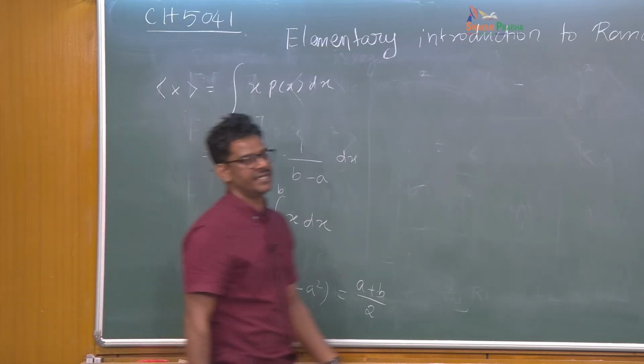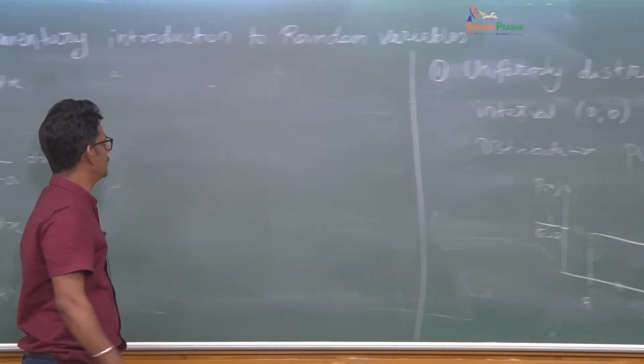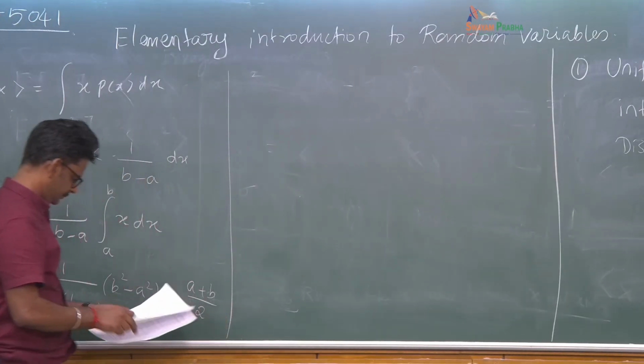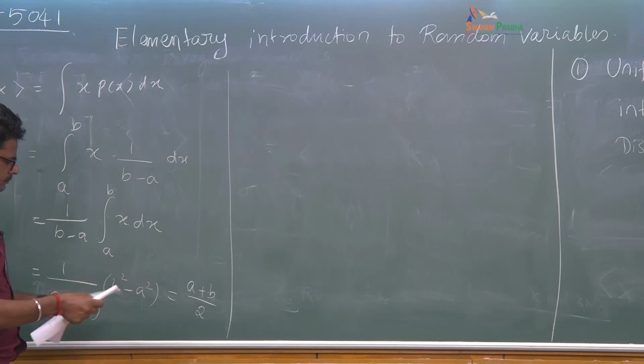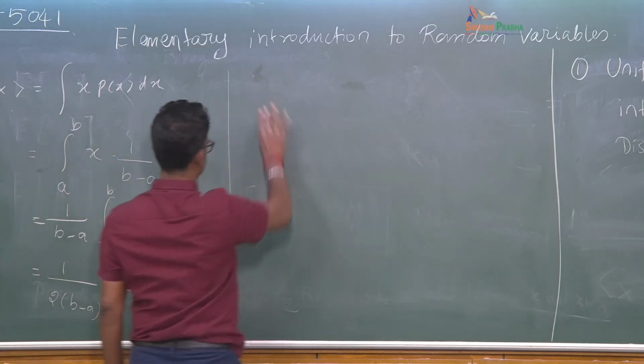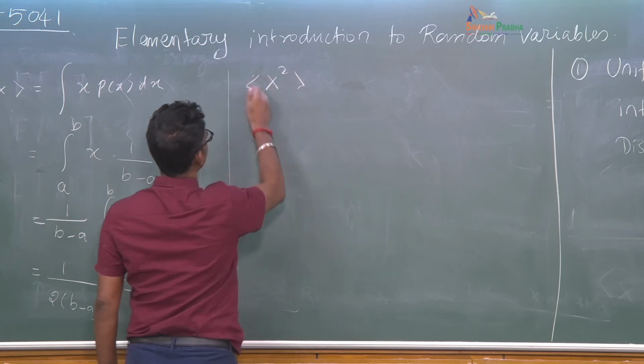Now what about the standard deviation? This is the mean value, and we want to look at the variance and standard deviation. So first we get the mean square value.